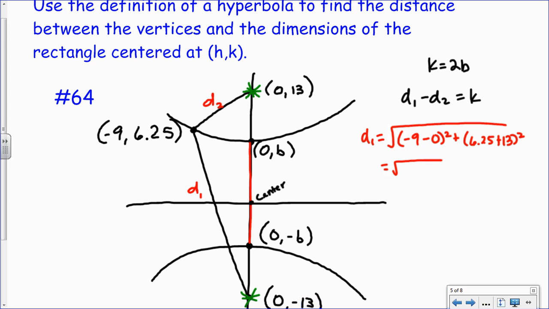We should get 451.5625. Don't do any rounding, because then when you take the square root, you get a rational number, 21.25. Okay, do the same thing for distance 2.